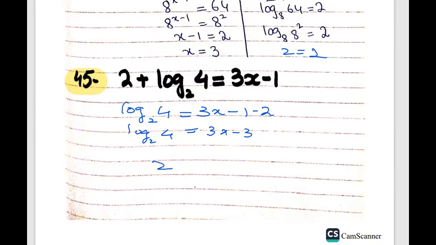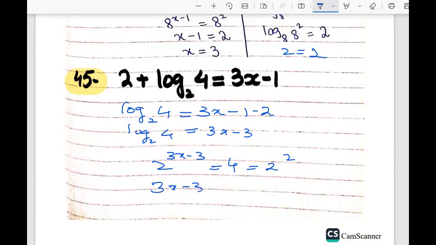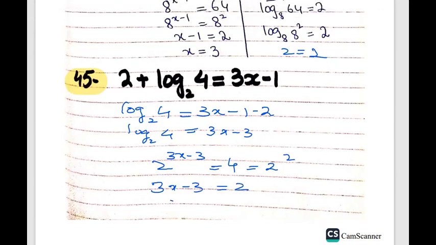So base is 2, solution becomes power, and 4 is placed here. And we can write 4 as 2 raised to power 2. So bases are same and power is also same. So 3x minus 3 equal to 2, and 3x is 2 plus 3, which is 5, and 3 is placed over here. So x is 5 by 3.